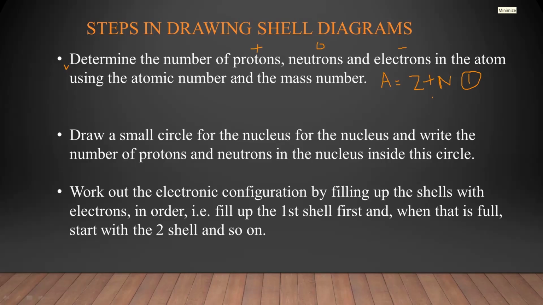The second step: you're going to draw a small circle for the nucleus. So you can take this out. You draw a small circle for the nucleus and write the number of protons and neutrons inside this circle, which would look something like this, as you always see me drawing.